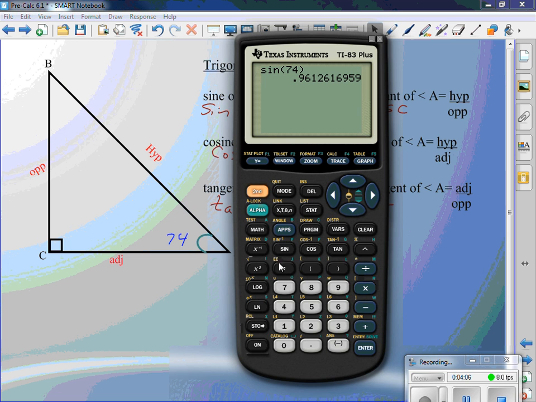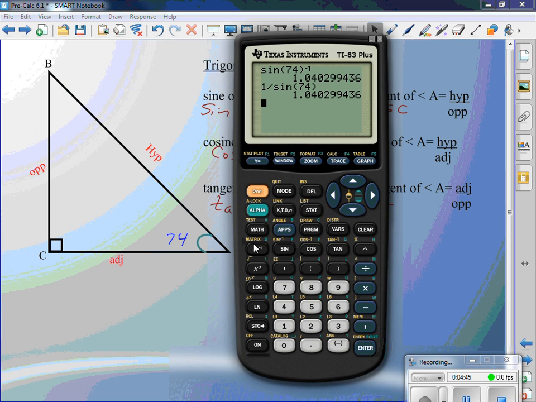A lot of people want to hit second sine and get sine inverse 74. That does not give me CSC. The way to find the CSC, sine 74, inverse goes on the outside. It is the same thing as doing 1 over the sine of 74.